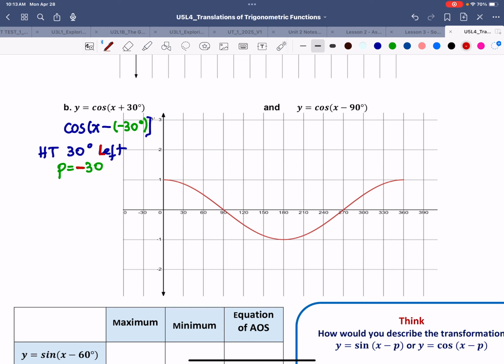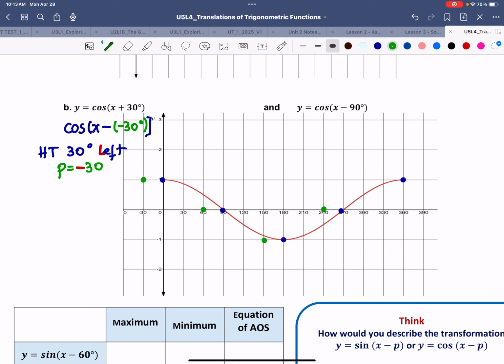Now, if we draw the graph of this function, again we look at the 5 important points for the cosine function: the 2 maximums, the minimum, and the 2 x-intercepts. We'll move all these points 30 degrees to the left. As you can see here, 30 degrees is represented by 1 unit, so every point has to move 1 unit to the left.